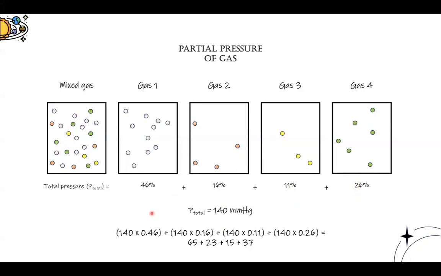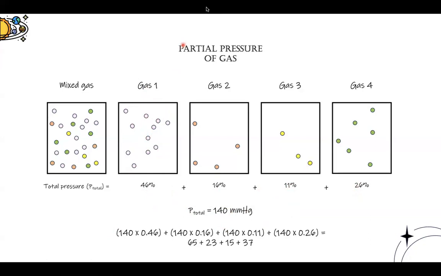And then I want you to calculate just the partial pressure of this gas one, okay? I have the total, and I want you to calculate this. How would you calculate? Can somebody do it for me? It's pretty simple, you just have to multiply.